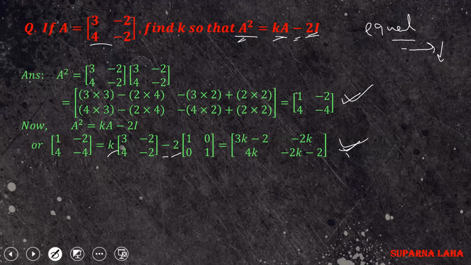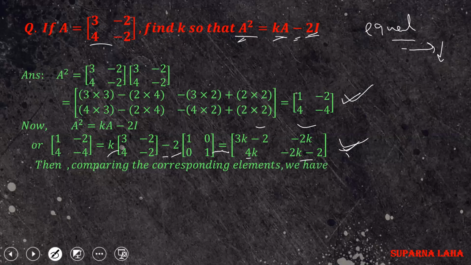show the simplification. And if we check whether their corresponding elements are equal or not, from any of these 4 equations, just write down comparing their corresponding elements. You can take any of them and they are equal. Since this is given, their corresponding elements should be equal.